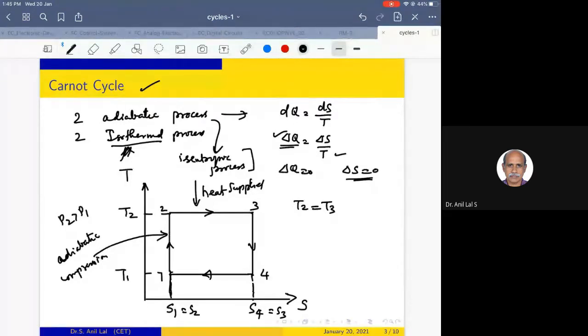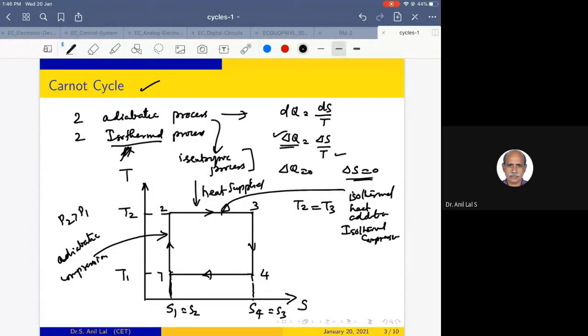When heat is supplied, naturally pressure will increase. So this process you can call an isothermal heat addition, and also an isothermal compression.